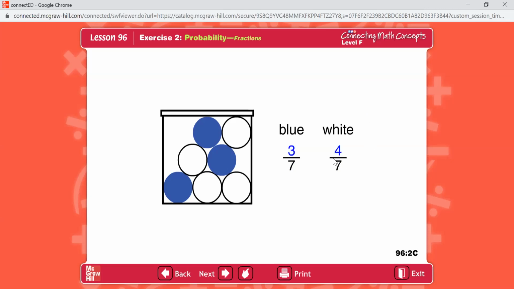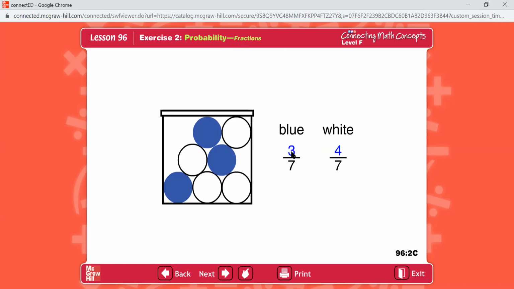So the event that would be more probable is pulling out a white marble from the box. You have a greater chance, or it's more probable, to pull a white marble out of this box because there are more white marbles than there are blue.